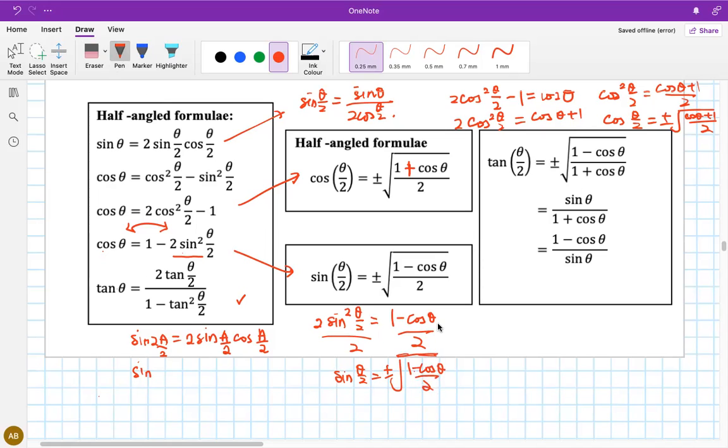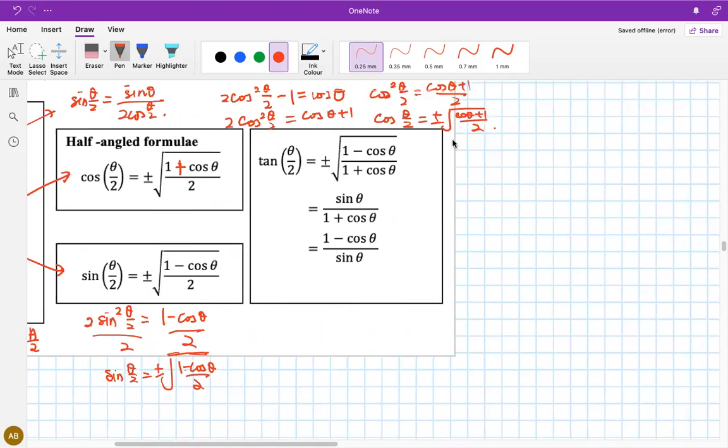So tangent theta over 2 is actually sine theta over 2 over cos theta over 2. So you substitute the values in here.